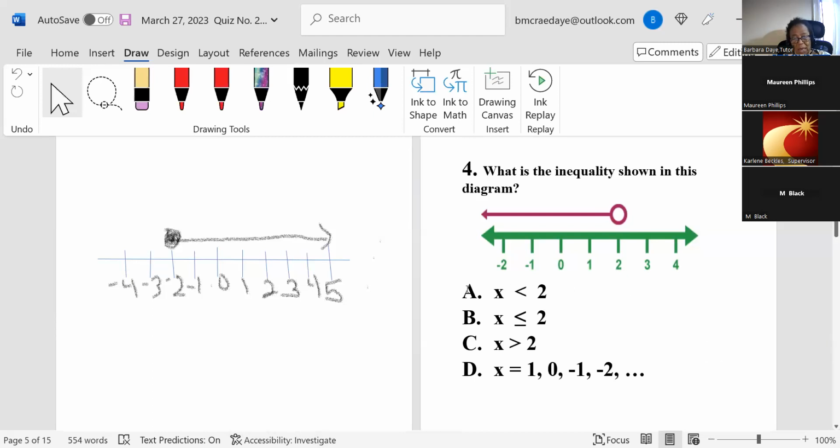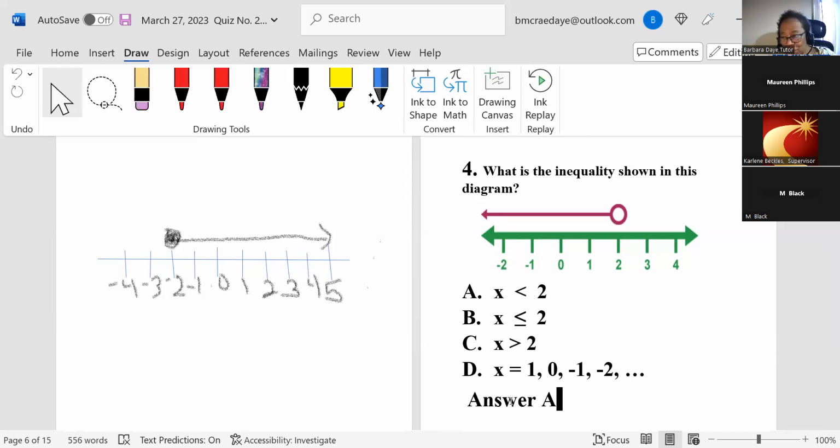So it can only be A or C. Now, if it's on the 2 and we're going to the left, Maureen, is it getting bigger or smaller? It's getting smaller. That's right. So what's your answer? A. Very good. That's the answer, Answer A. Mercedes, you see that? Yes, Miss.